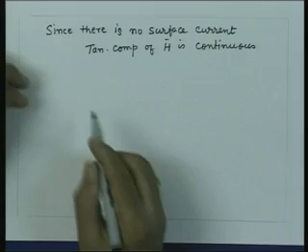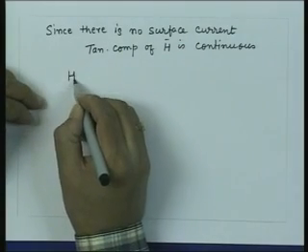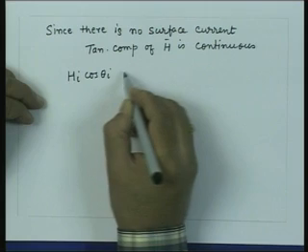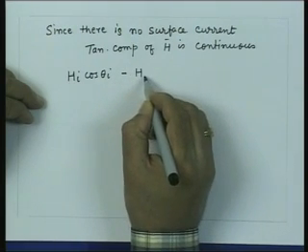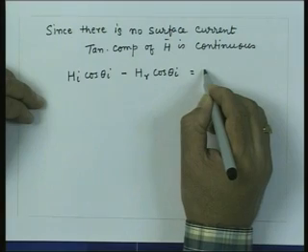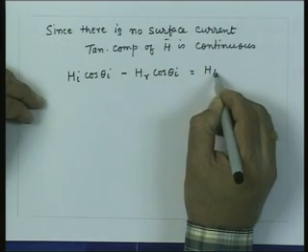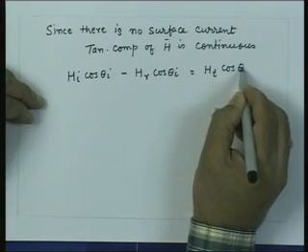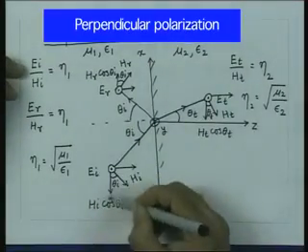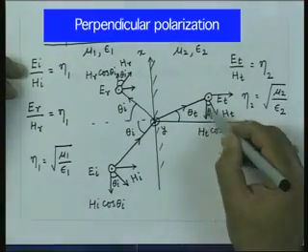So from here we get Hi cos theta I minus Hr cos theta I is equal to Ht cos theta t.